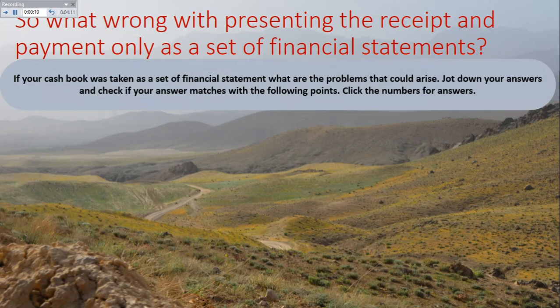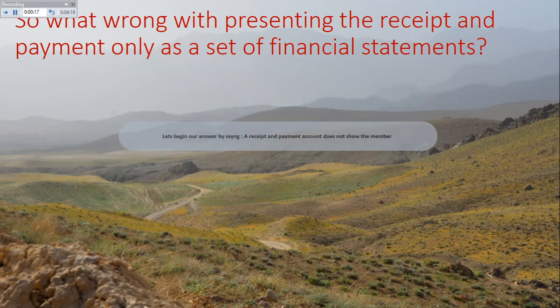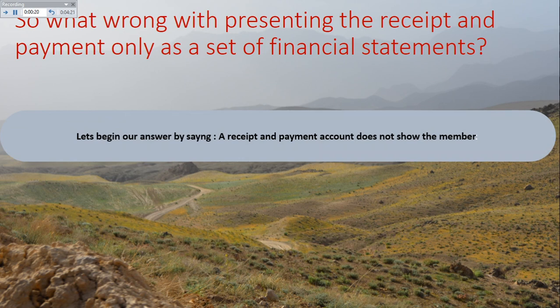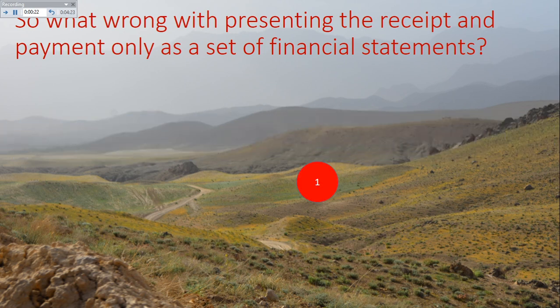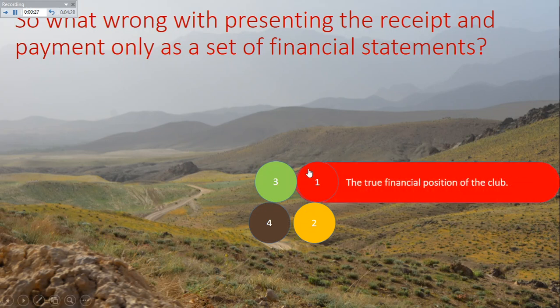So there are a number of problems. If the receipt and payment account is shown as the final financial statement, number one problem is it could not show the true financial position of the club.